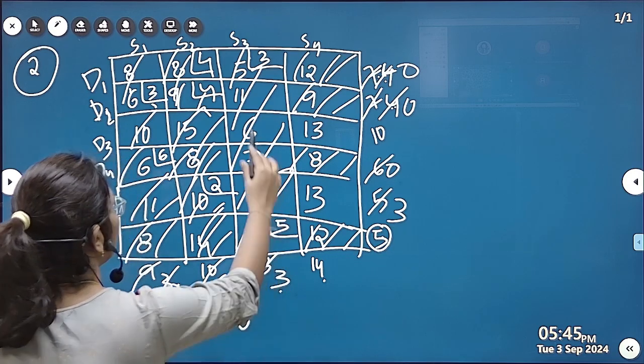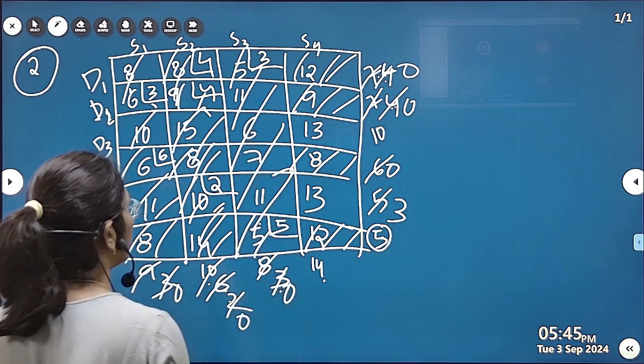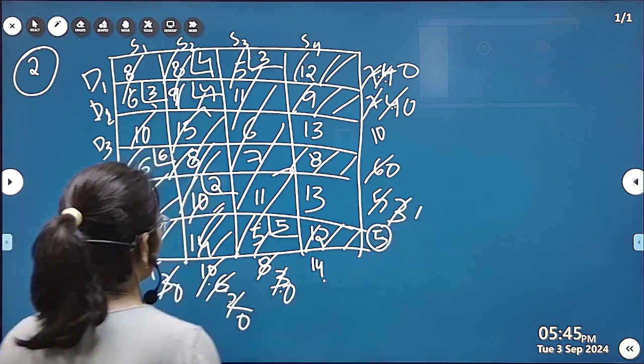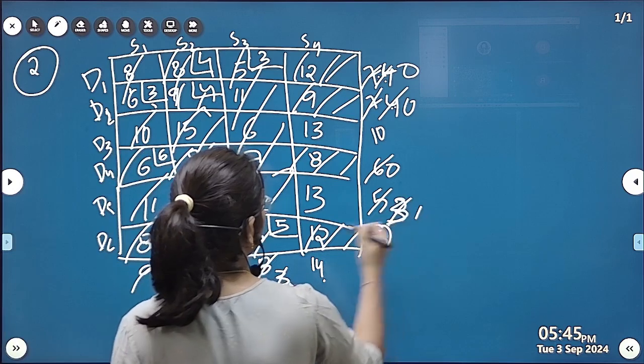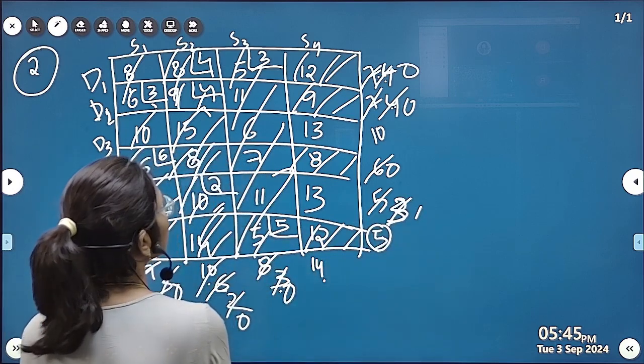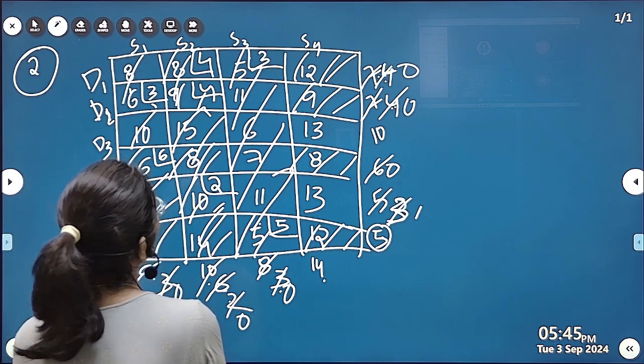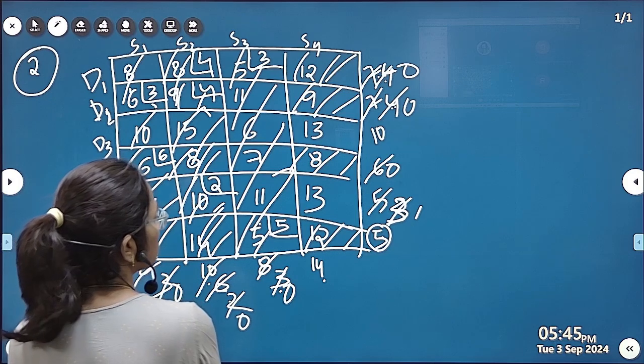And 5 plus 3, 8, this is 0, right? So, acha 2, here 1. No, 3. 3 will be there. But here we have 14 units.